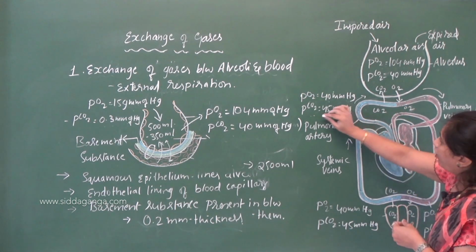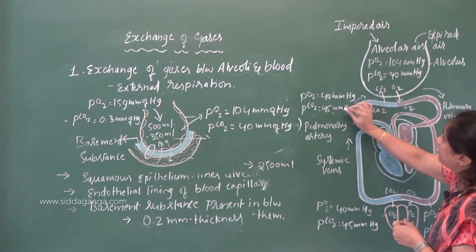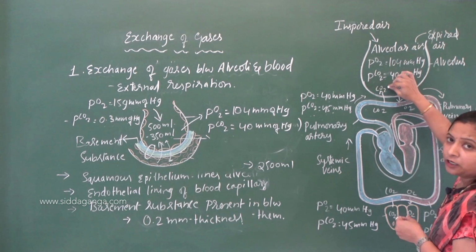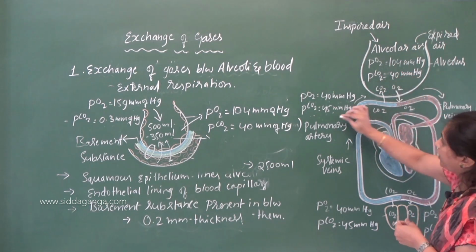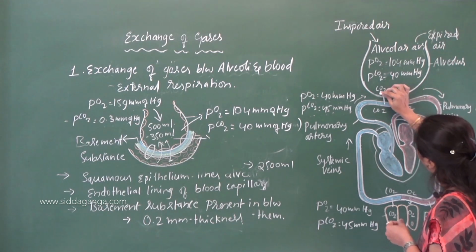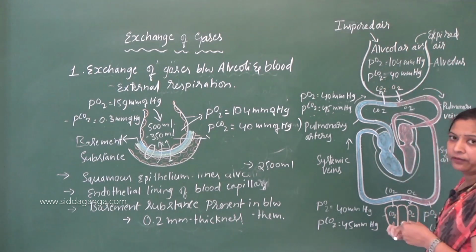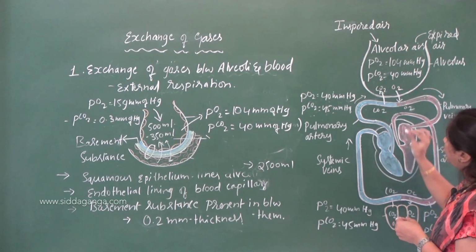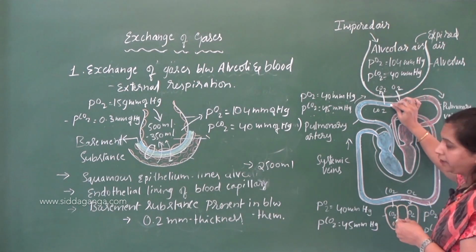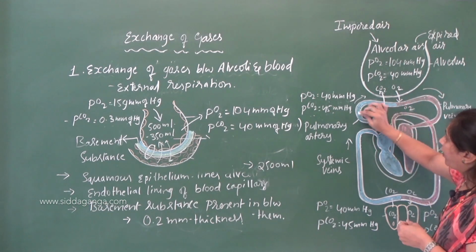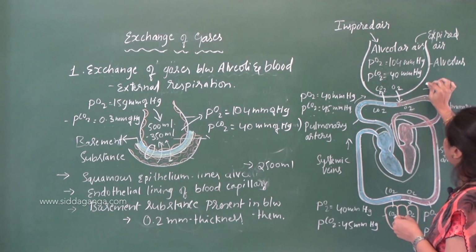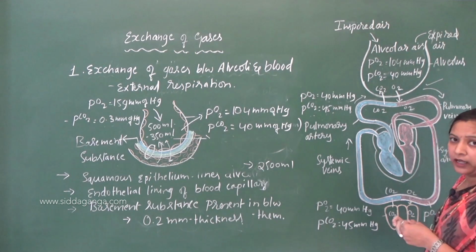So the carbon dioxide diffuses from an area of its higher partial pressure to an area of its lower partial pressure, so the carbon dioxide from the blood will diffuse into the alveoli. Okay, so this is how the exchange of gases takes place between the alveoli and the blood in the pulmonary arteries. This is the gaseous exchange at the alveolar level.